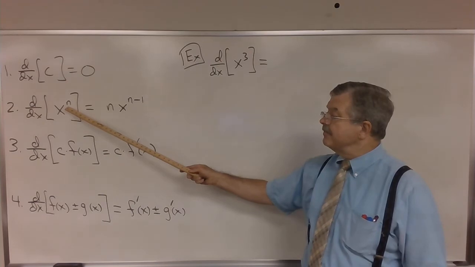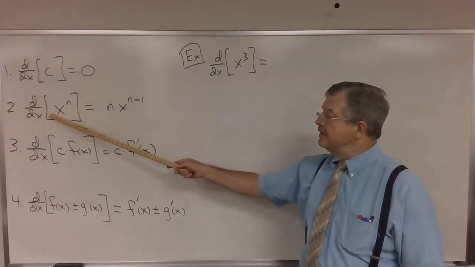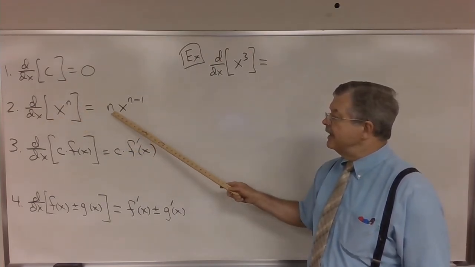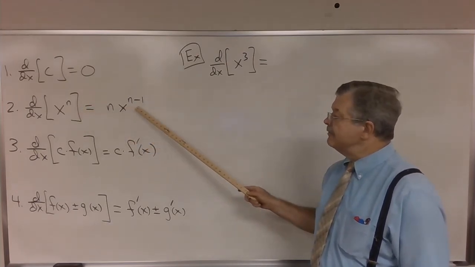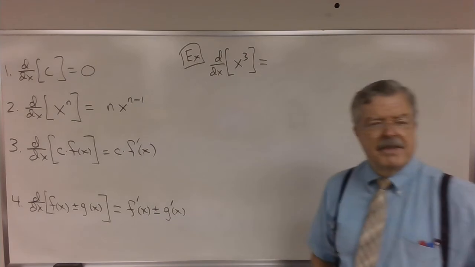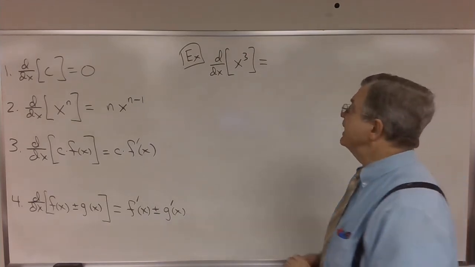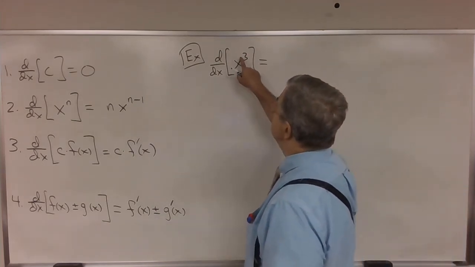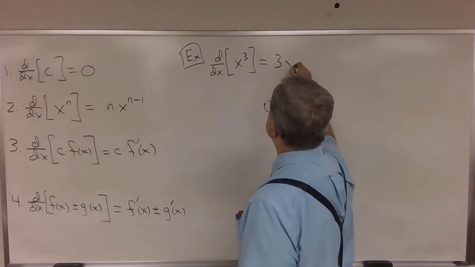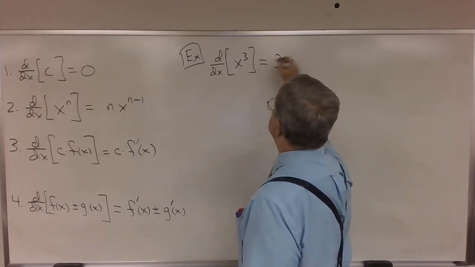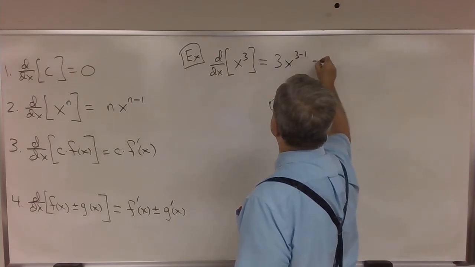First of all, bring the exponent down front as a multiplier. And then secondly, subtract 1 from the exponent. Now, let me see if I can do that. Bring the exponent down front as a multiplier, and then subtract 1 from the exponent.